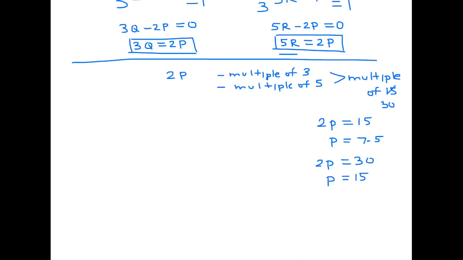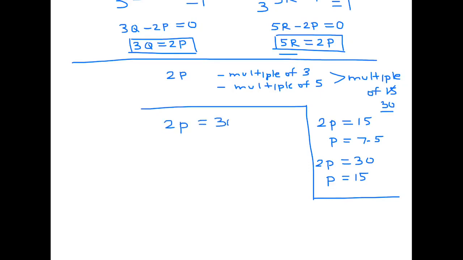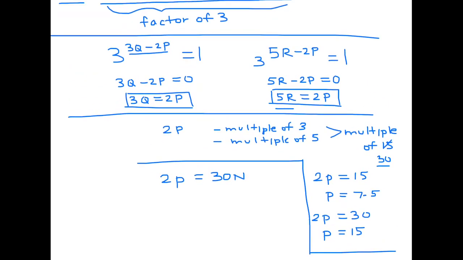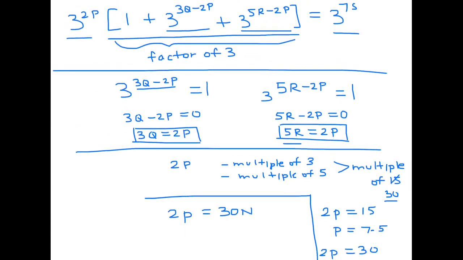All right? We have to make these integers, and that's why we have to ensure that what we call it is accurate. So if 2p is a multiple of 30, we can write it in that form, 30n. All right? So now let's go back to our equation right here, this one, and substitute what we have.